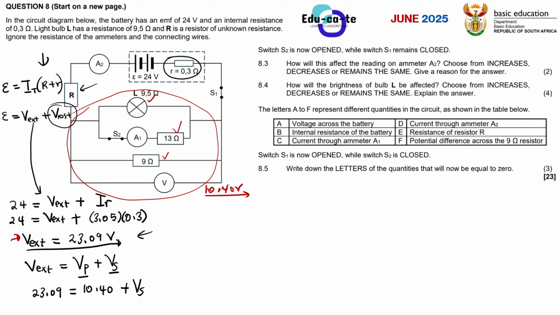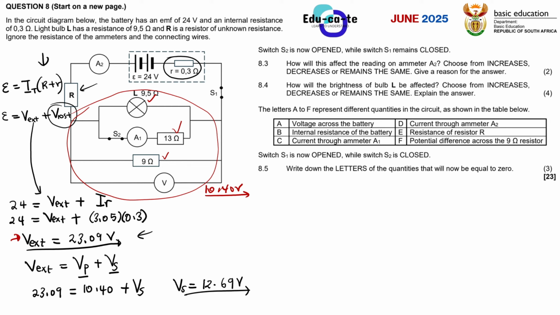So if we transpose the 23.09, and then transpose this 10.40 to the other side, the voltage across the series combination is going to be equal to 23.09 minus 10.40, that will give you 12.69 volts.